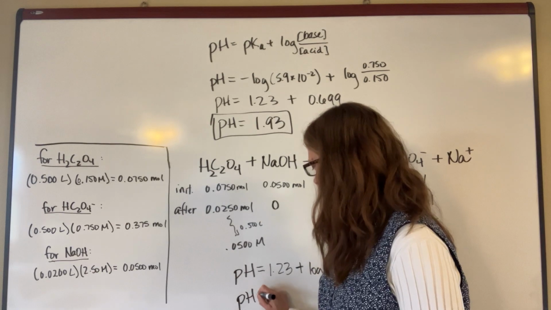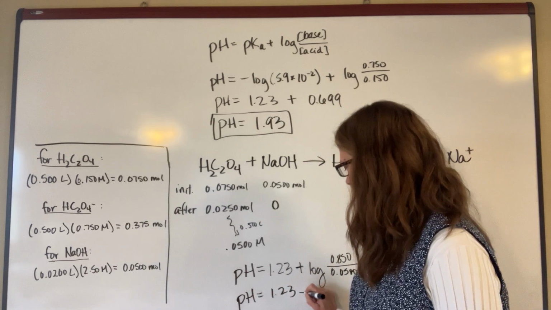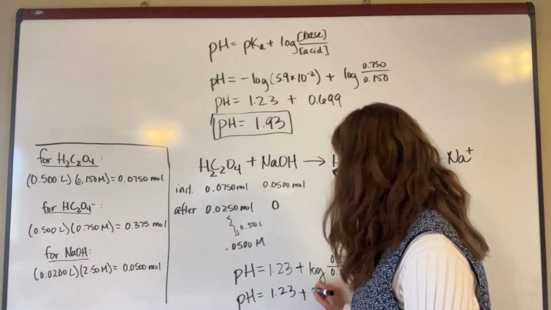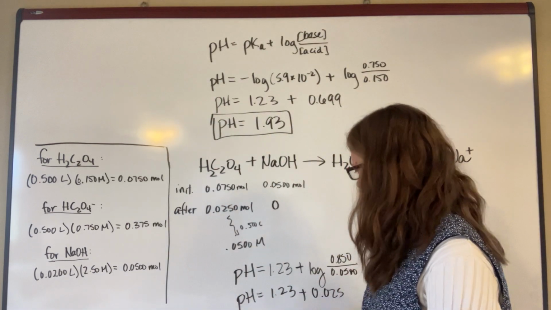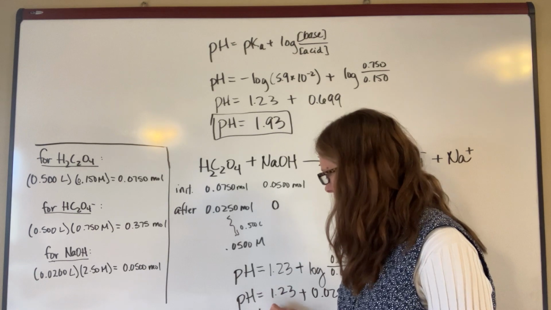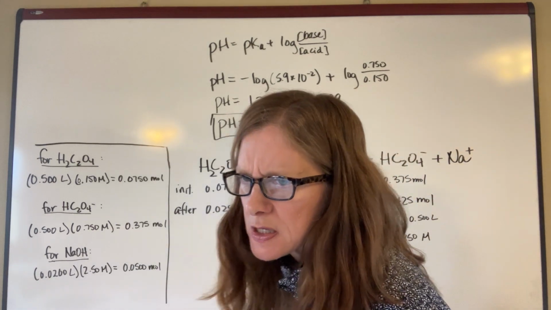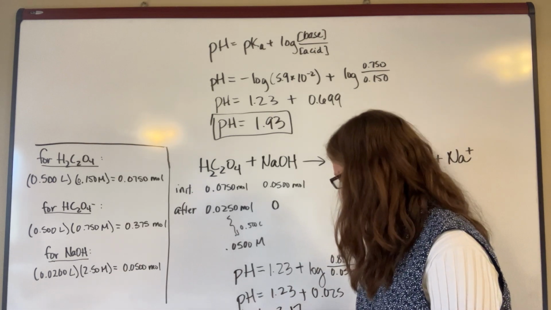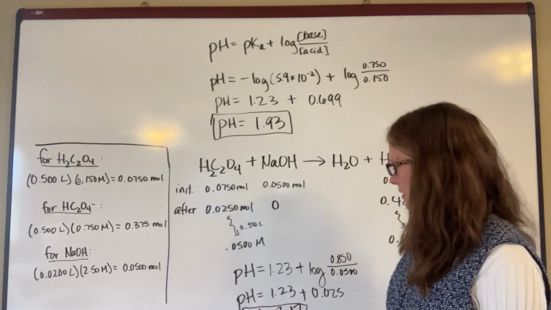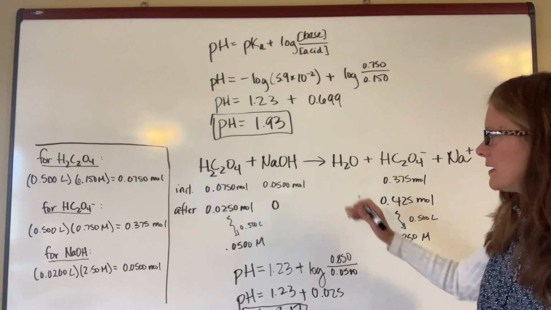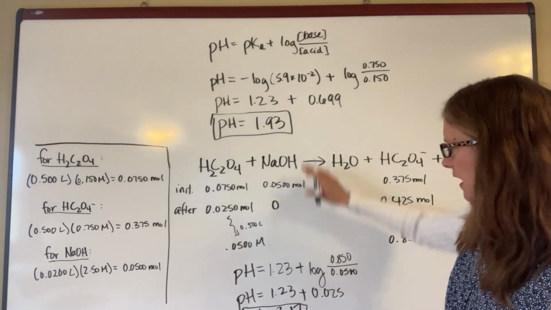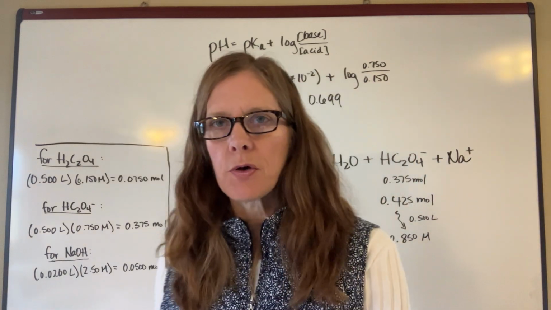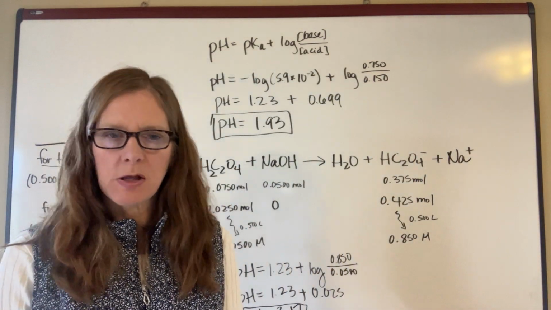Okay, that's going to give me 1.23, plus when you do that math there, you come up with 0.025, and then your new pH is going to be 3.17. Okay, and so again, you can see that even though we added a decent amount of sodium hydroxide, the pH did go up, but it didn't completely go through the roof because of that buffering system that's available there.